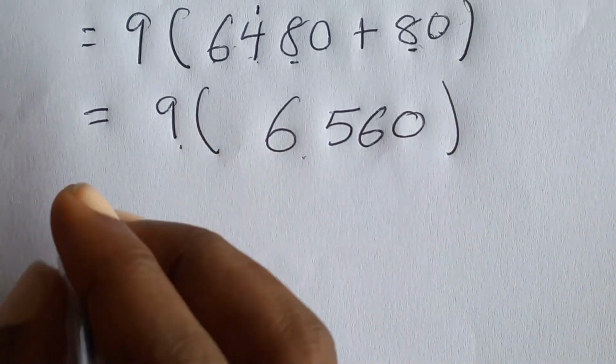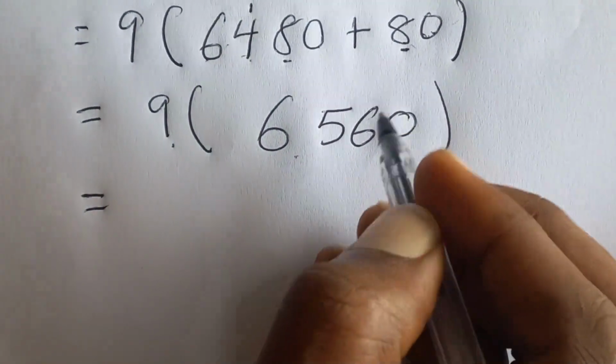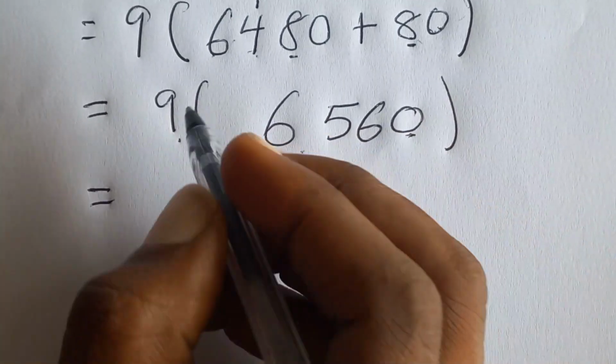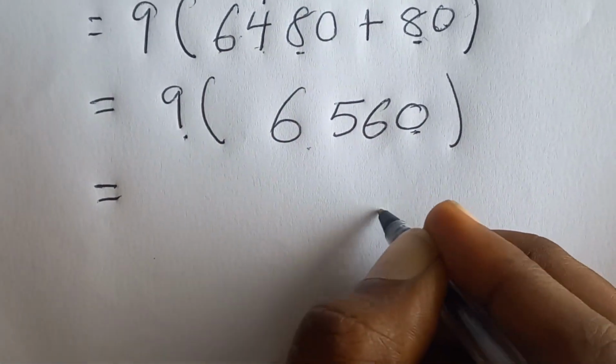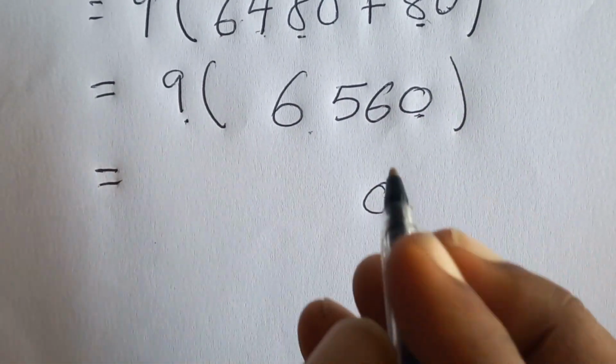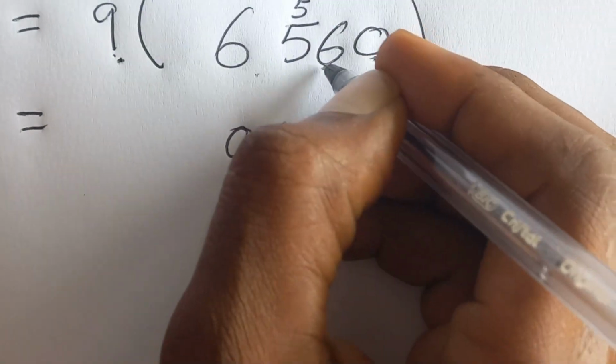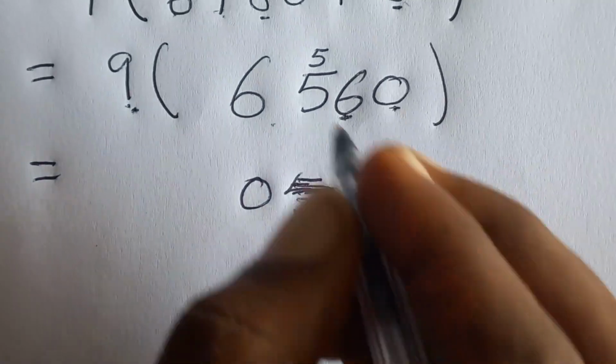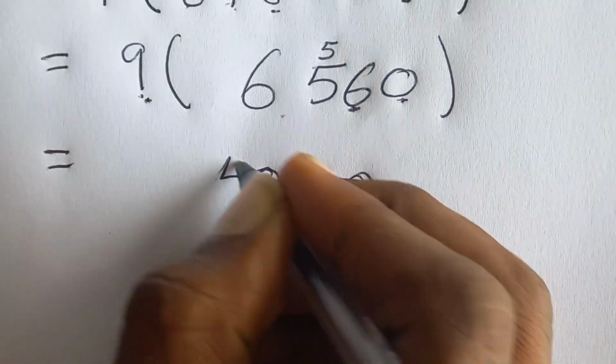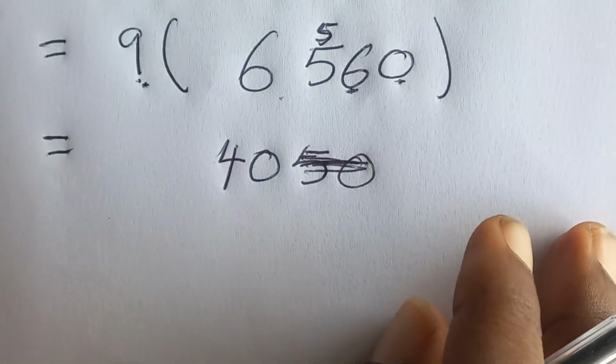So let's continue. 0 times 9, we are getting 0. And 0 times 9, we are getting 0. 6 times 9 is 54. So 4, remainder 5.